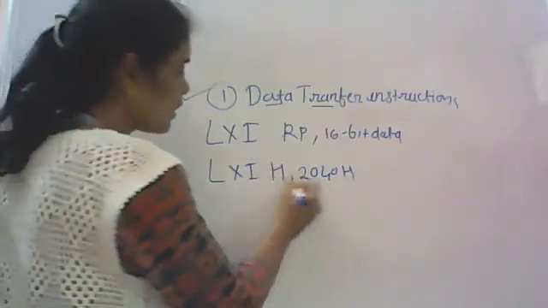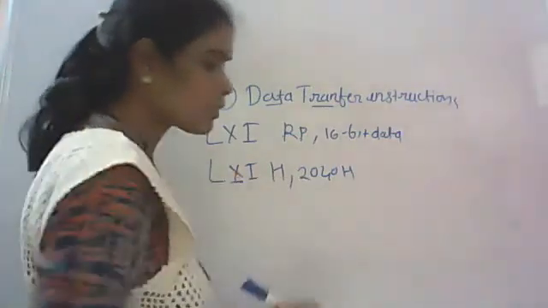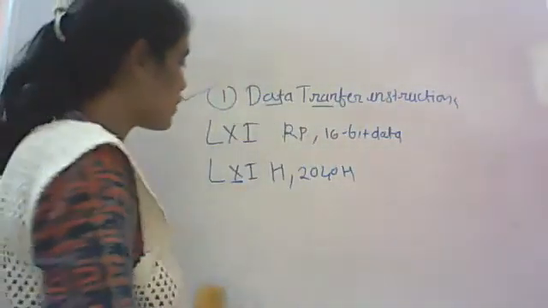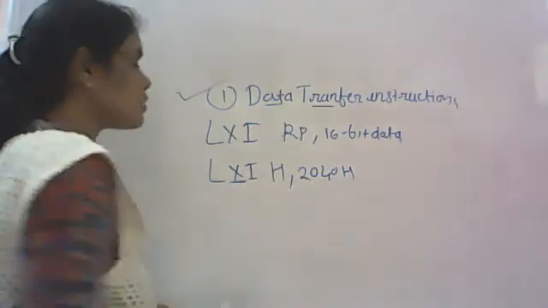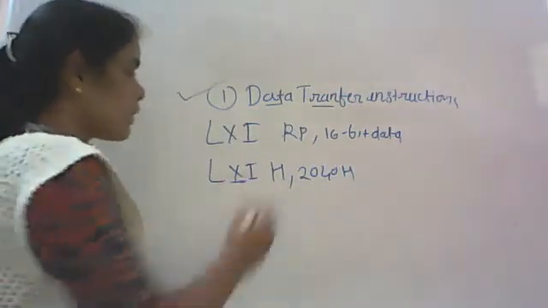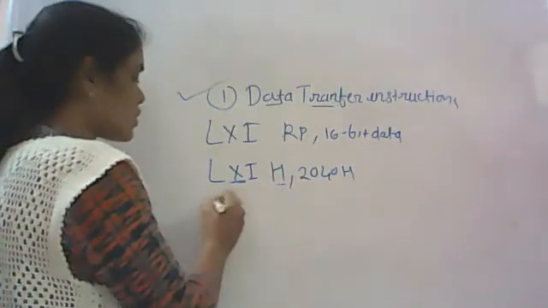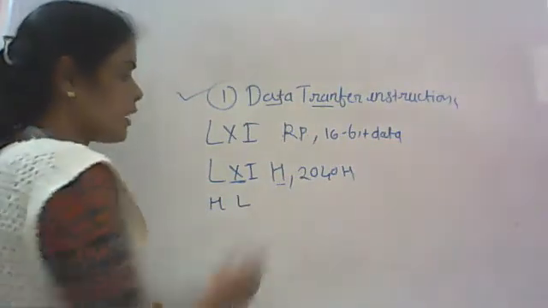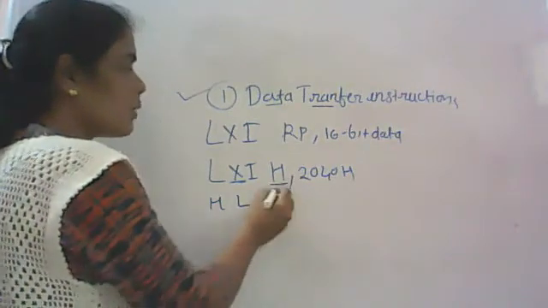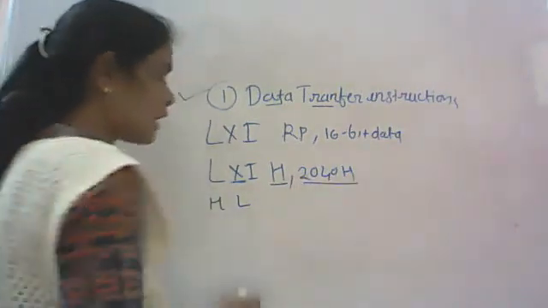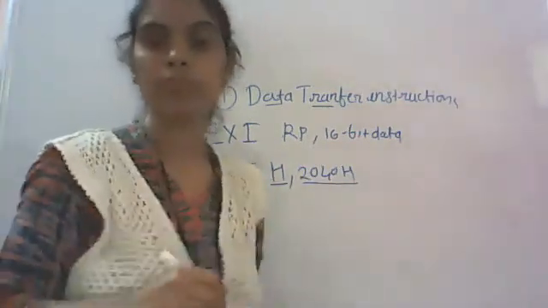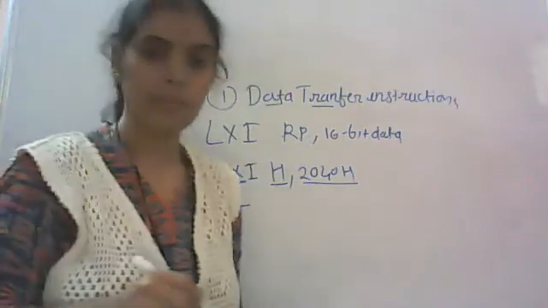See here, this X indicate there is a register pair. When X is used, that means in this instruction use the register pair. See, H means that is HL register pair. The register pair, that is source register pair. Here 16-bit data. This data stored in register pair.